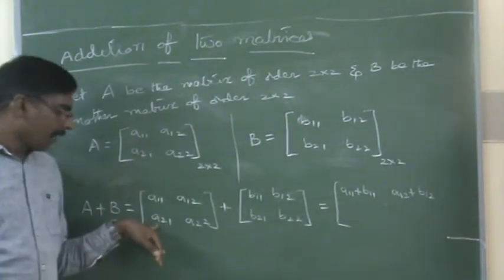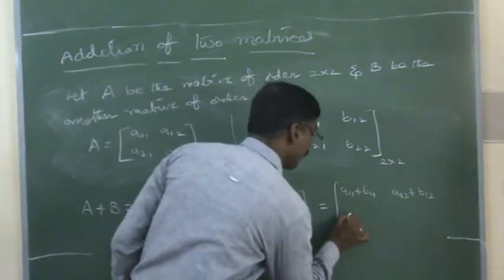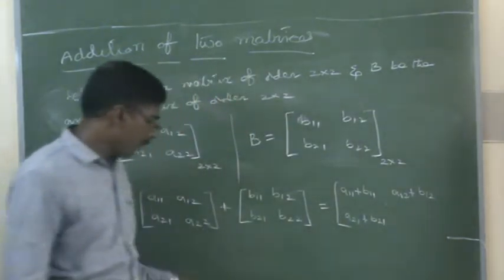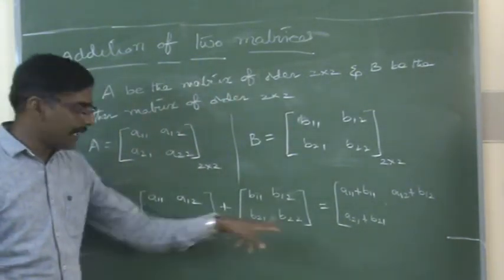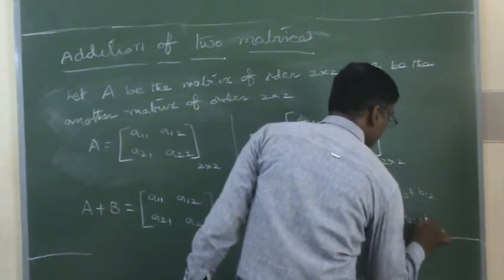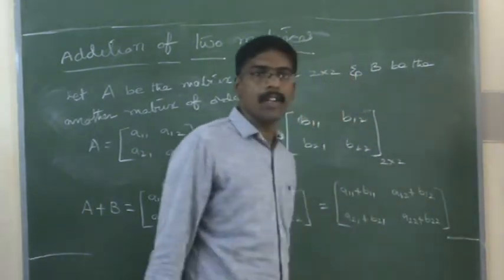Next, A21 corresponding element is B21, so A21 plus B21. Next, A22 corresponding element is B22, so A22 plus B22. This is enough regarding addition of the two matrices.